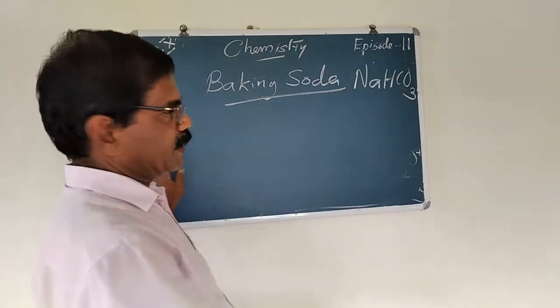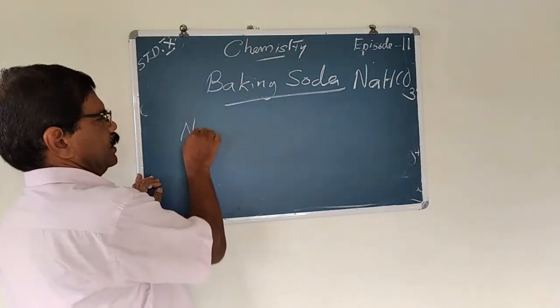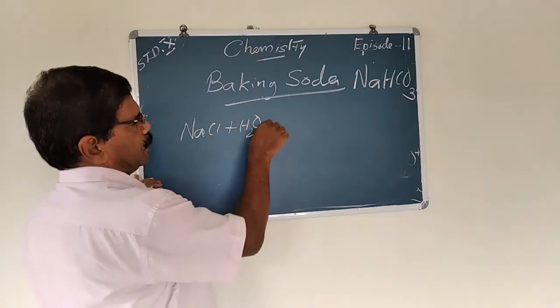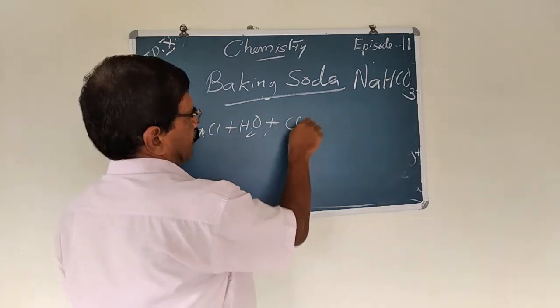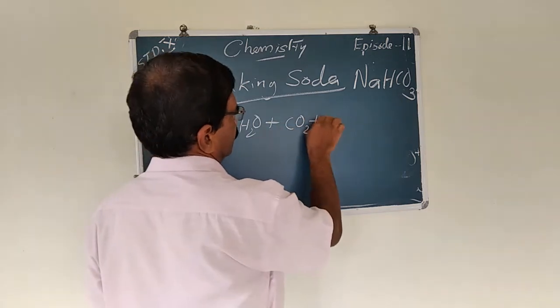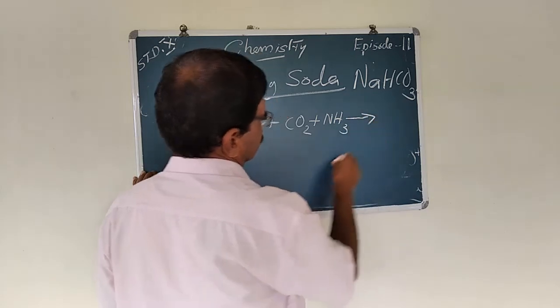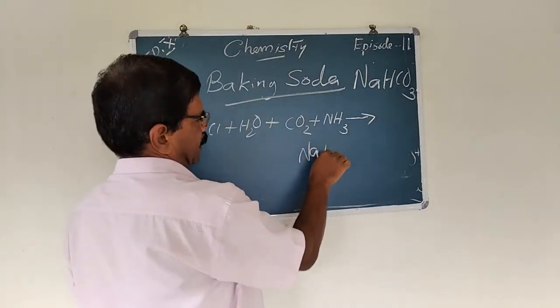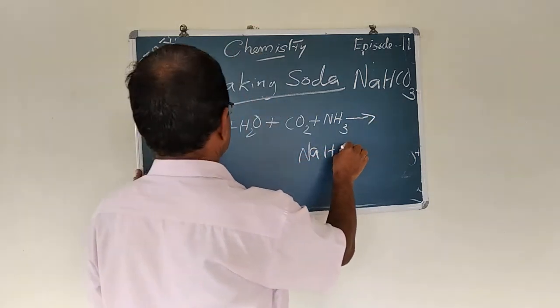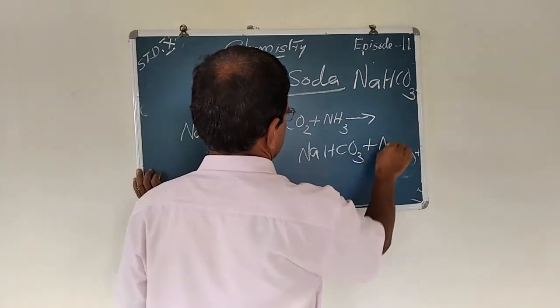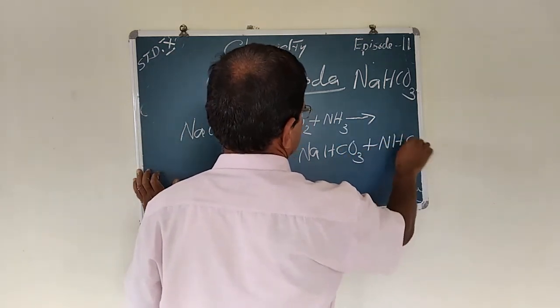It is prepared by a reaction between NaCl plus H2O plus CO2 plus NH3. Then the product formed is NaHCO3 plus NH4Cl.